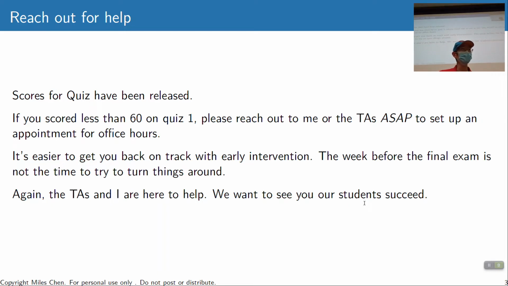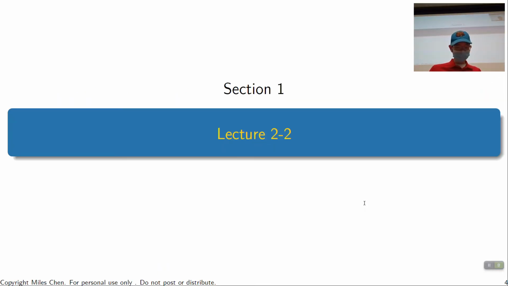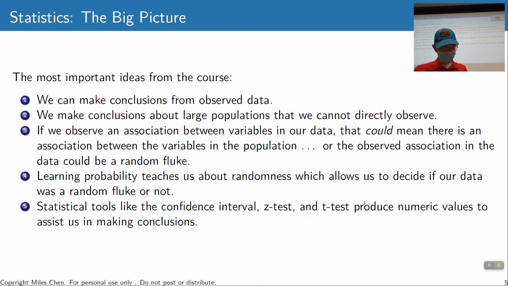While it's still fairly early in the quarter, I feel like we can start making corrections. But if you wait around to the 5th week, the 5th week is only 2.5 weeks away. So don't wait around. We are here to help you. We want to see you succeed. All right, so anyway, let's get started and take a look at the material we're covering today.